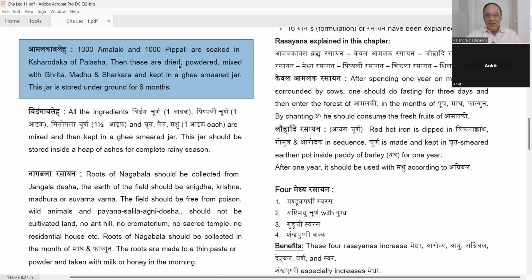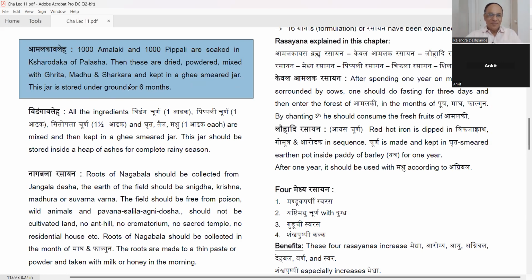Then these are dried, powdered, mixed with ghita, that is ghee, madhu, that is honey, and sharkara, that is sugar, and kept in a ghee smeared jar. This jar is stored underground for 6 months to get a proper jam.